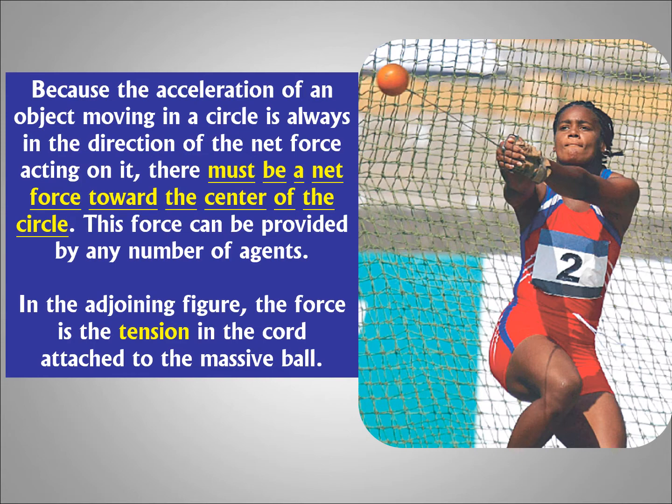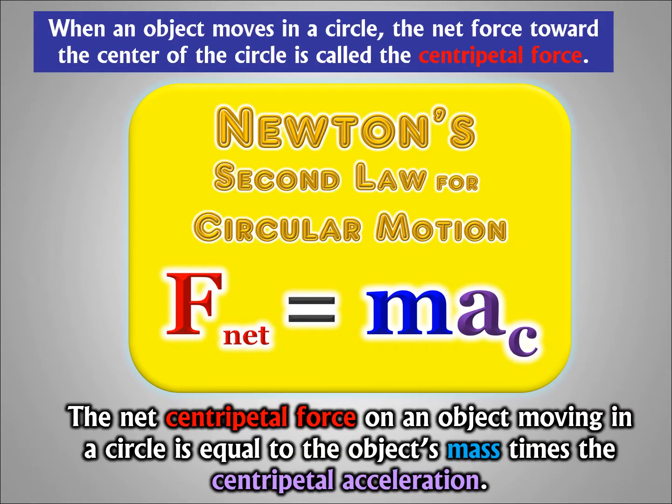But something must be providing a net force toward the center of the circle. Well, you already know Newton's second law, F equals ma. The only difference here is we're talking about centripetal acceleration instead of just any old acceleration. So when an object moves in a circle, the net force toward the center is called the centripetal force.